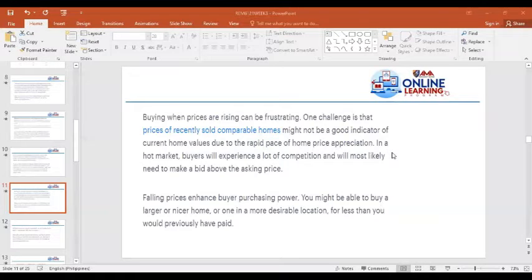In a hot market, buyers will experience a lot of competition and will most likely need to make a bid above the asking price. As a buyer, it is a challenging experience because you have many competitors.